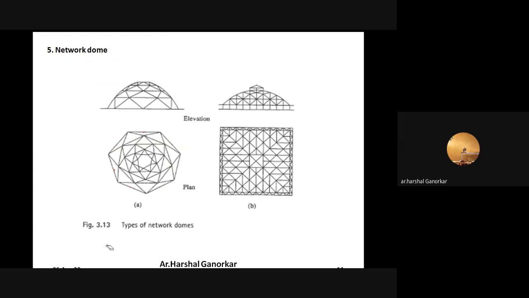Let us try to understand this. At the bottom it is 1, 2, 3, 4, 5, 6, and 7. So 7 numbers are there.